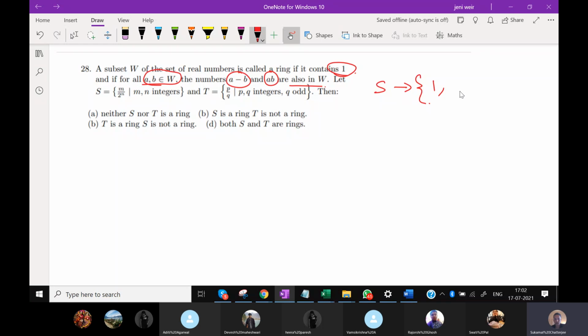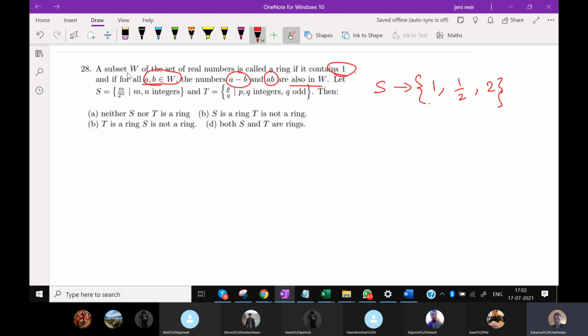If I take m equal to 1 and n equal to 1, I can have 2. And if I take m equal to 1 and n equal to minus 1, then I can have half. So these three numbers can be part of set S.